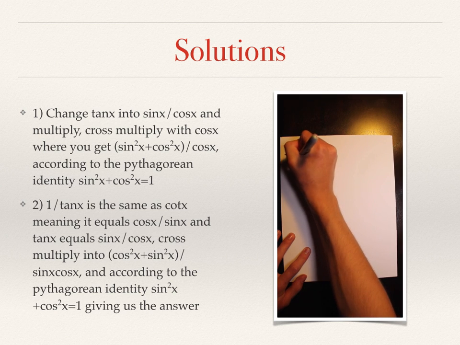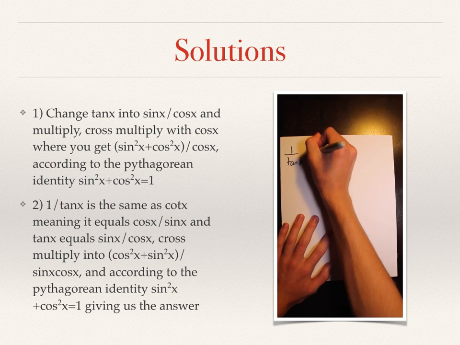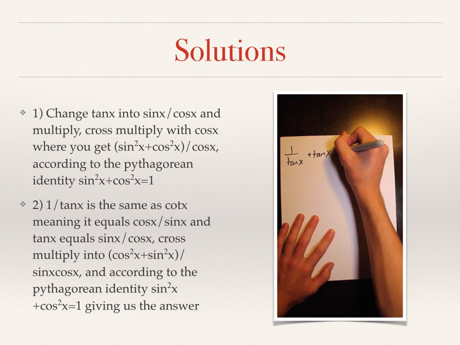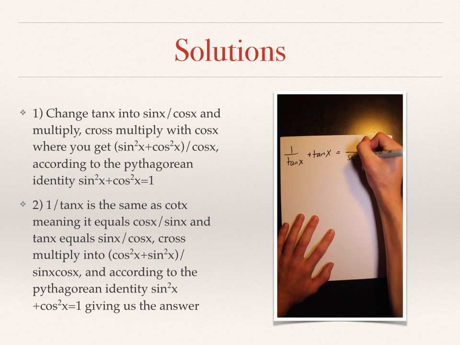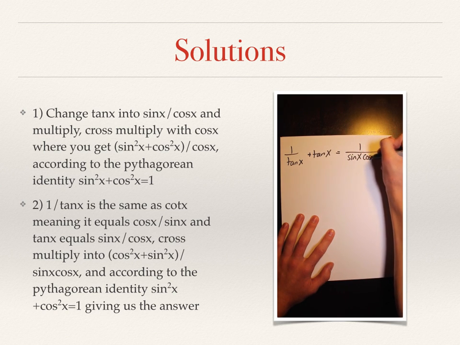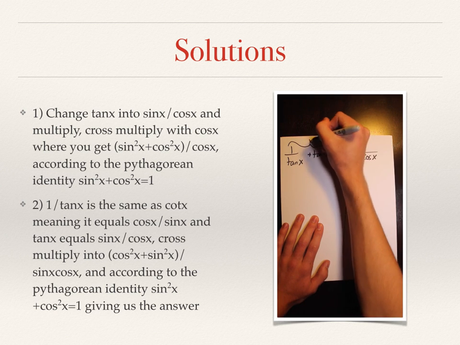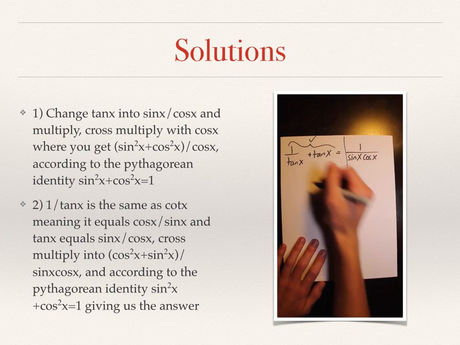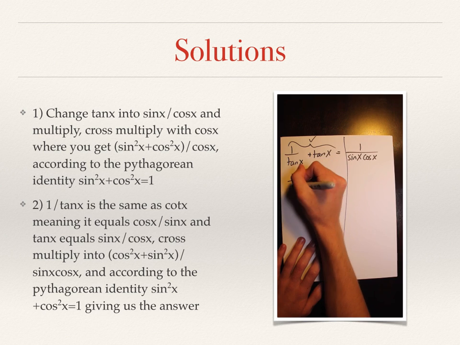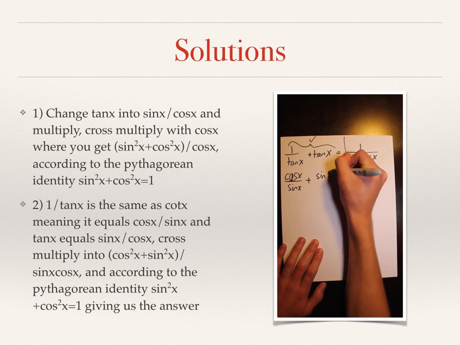Now, on to the next one. 1 over tangent x plus tangent x equals 1 over sine x cosine x. Boom. This one's really easy. Pick the left. And now you are going to switch it over, because 1 over tangent x equals cotangent x, basically. Meaning that would be cosine x over sine x, and then tangent is sine x over cosine x.